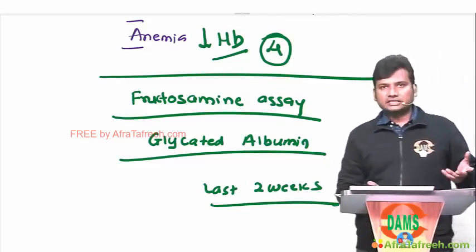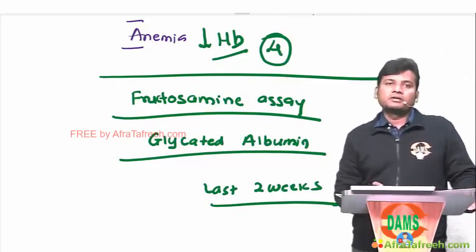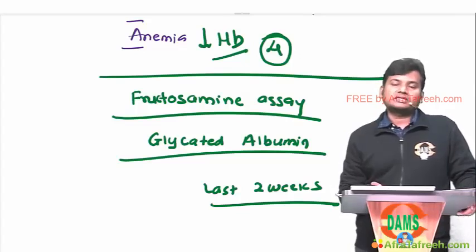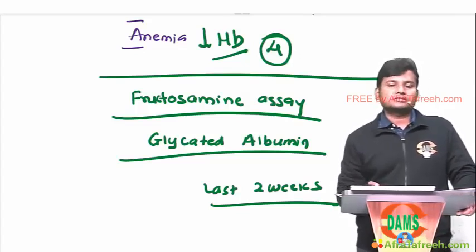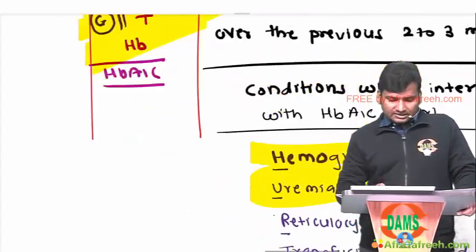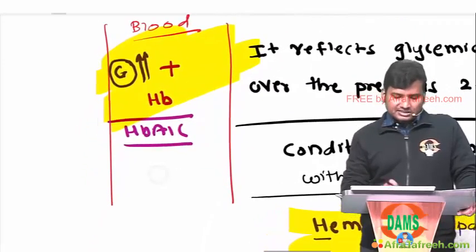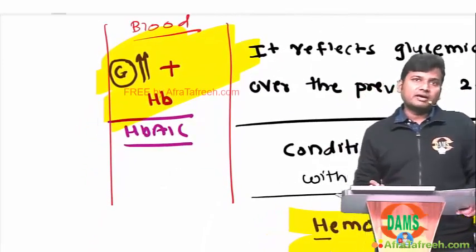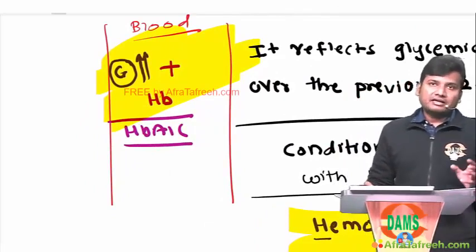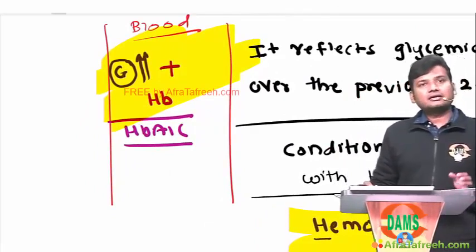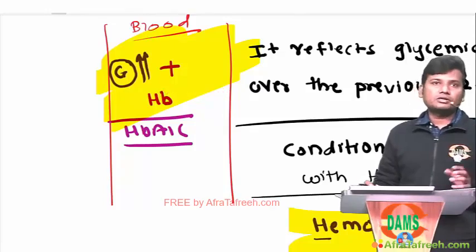Now one more extra point, which is not in Harrison but is very important to understand the concept of atherosclerosis in diabetes. When glucose is increasing in blood, it combines with hemoglobin, but actually glucose combines with multiple components of blood.